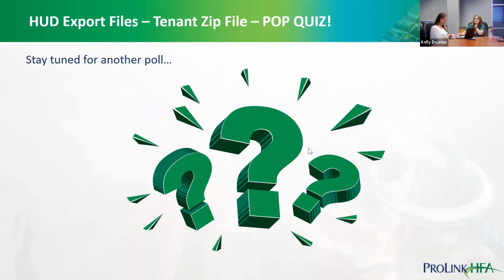Go ahead, Sarah. I believe that is correct. What is the missing data file? It shows missing or incorrect data from tenant files. That's true. Project XML file shows all properties that were placed into service.